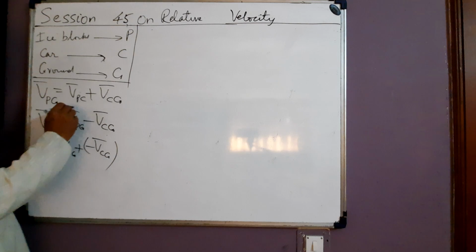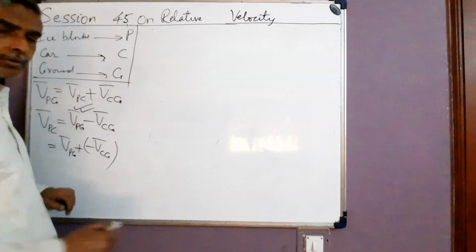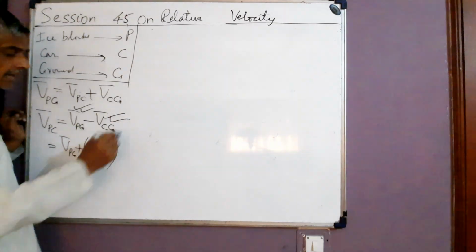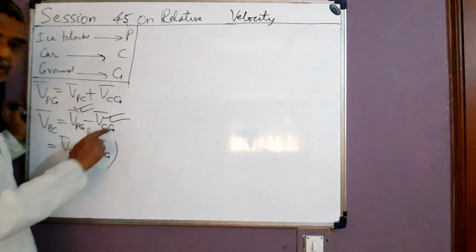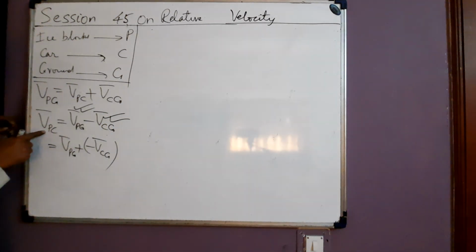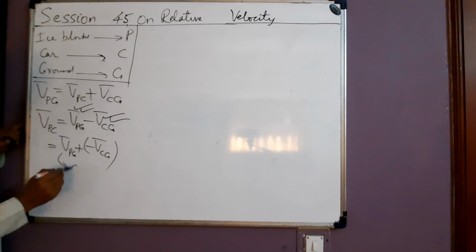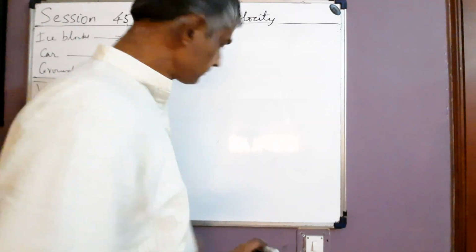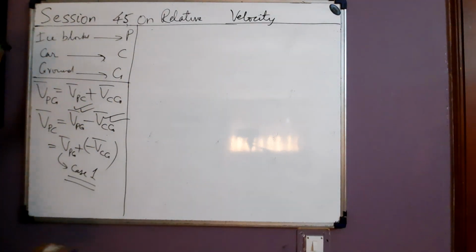Now we have complete information of VPG: ice blocks, ground frame, speed u, downward direction, magnitude and direction both known. Velocity of car with respect to ground, v, rightward, magnitude and direction both known. Nothing is told about VPC. Definitely it's a problem of case 1.